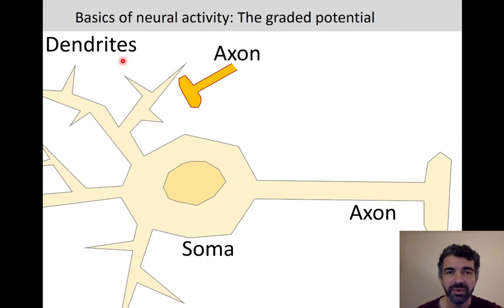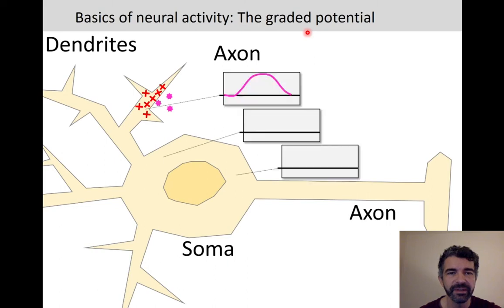And on a larger scale, like for the whole neuron, this could look like something like this. We have the axon releasing the neurotransmitters, and then this allows positive ions to go into the cell body, which means there's a depolarization very strong at first, at this point.